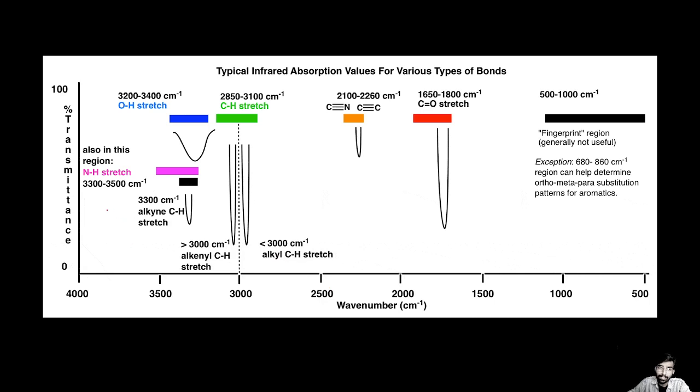Here you can see this is the transmittance, and this is the wave number. All these are for different kinds of functional groups. From 1000 onwards you can see this is the fingerprint region.